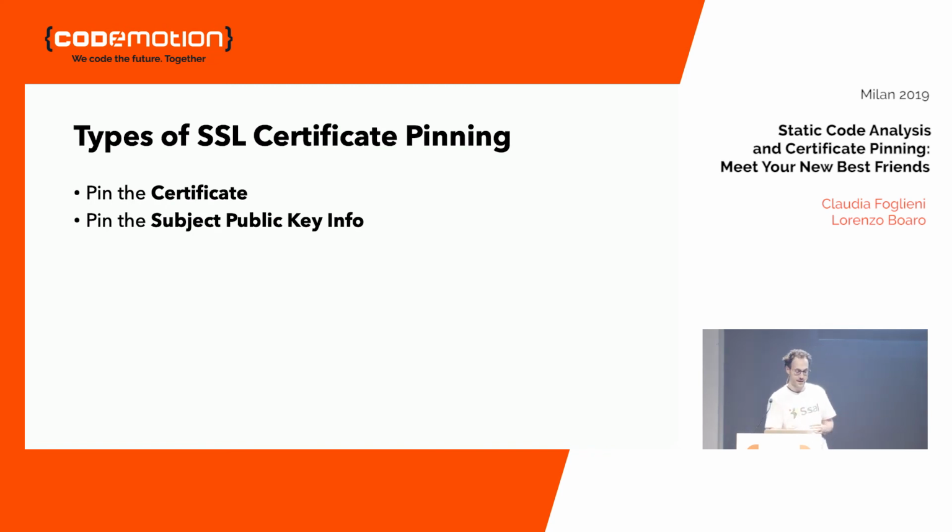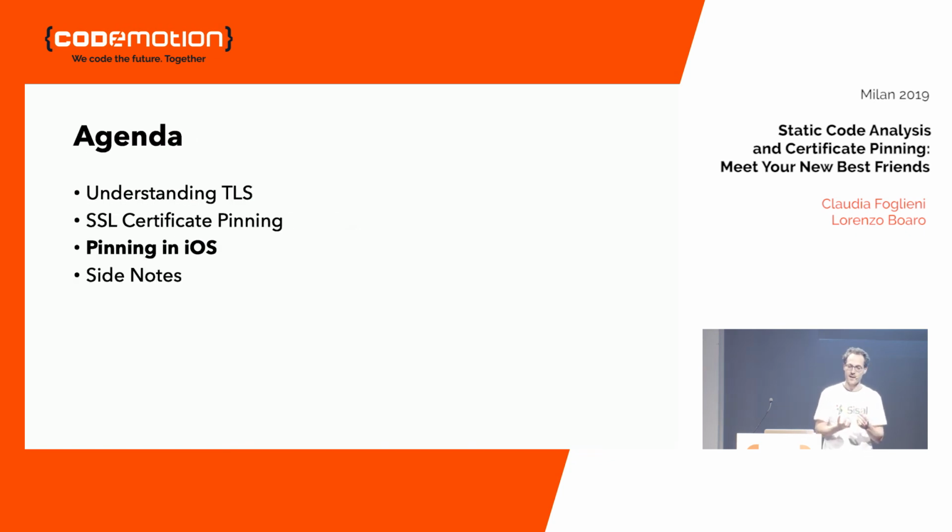The subject public key info, as I presented before in the slides, is the pair of the public key and the algorithm I use in order to create the digital signature. I pass the subject public key info data to a hashing function, I have a hash, and I hard-code that hash into my application.